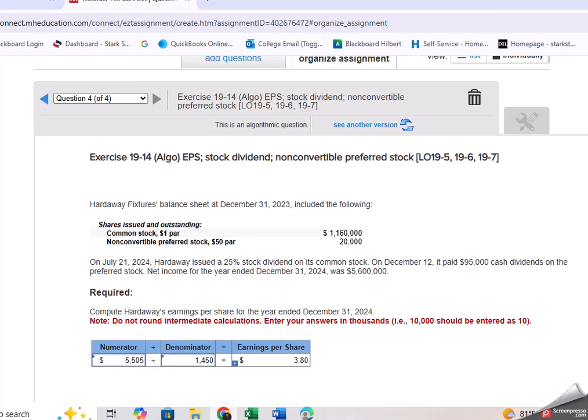So then this one we have, again, their common stock outstanding at $1 par is 1,160,000. They have non-convertible preferred stock at $50 par, $20,000 worth. They issued a 25% stock dividend on the common stock, and they pay out $95,000 cash dividends on the preferred stock.